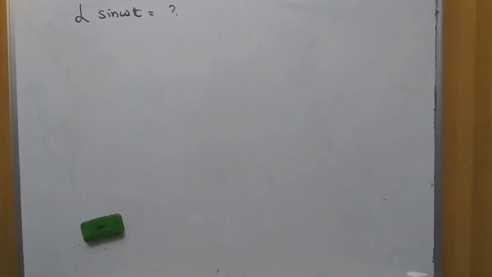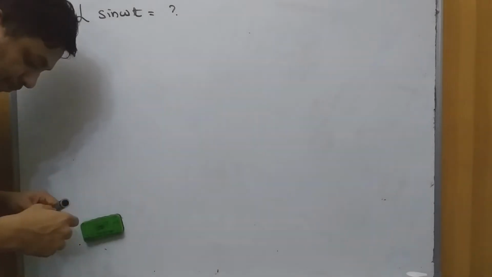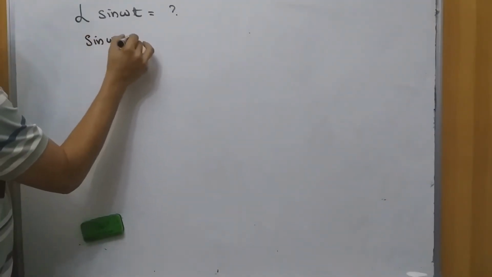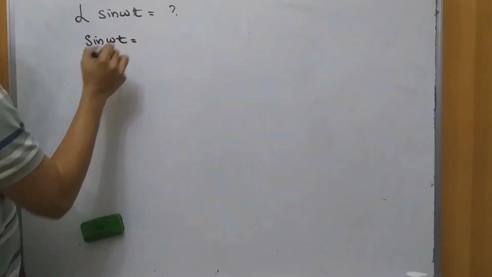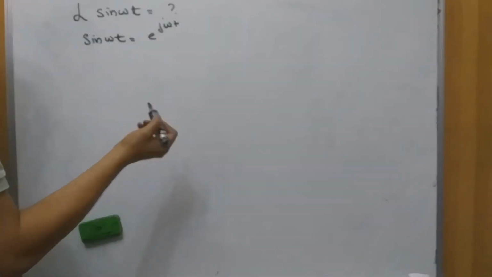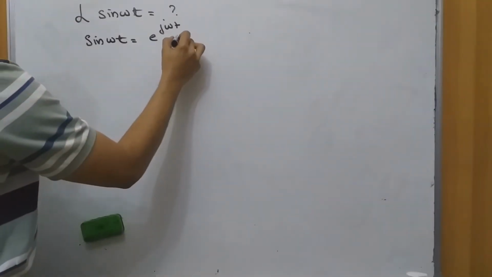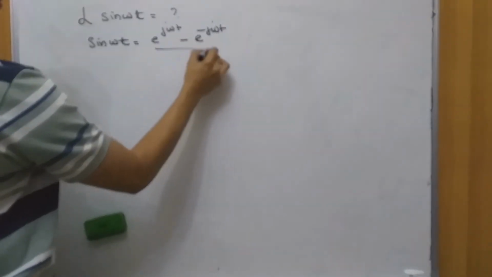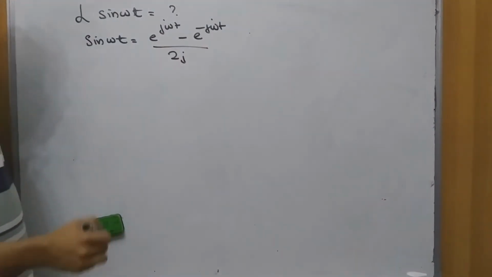Next we'll see the Laplace transform of sin omega t. Again, from the trigonometric principle, sin omega t is given by the relation e raised to j omega t minus e raised to minus j omega t, over 2j.